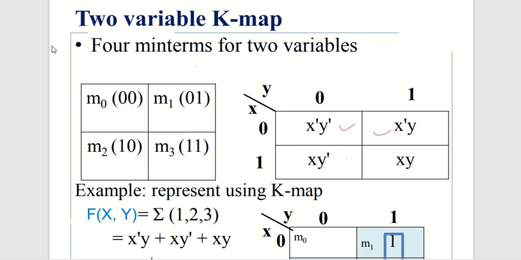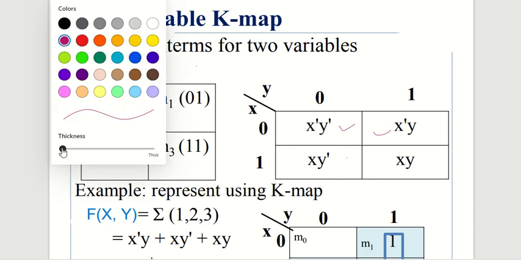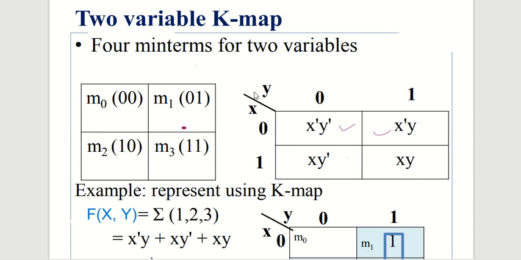Since the variables are 2, one variable is x, the second variable is y. y can have only two values, either 0 or 1. Similarly, x can be either 0 or 1. Coming to the first box, we can see that x is represented as 0, and this y value is also 0. So we can represent in minterm form x as x dash and y as y dash.